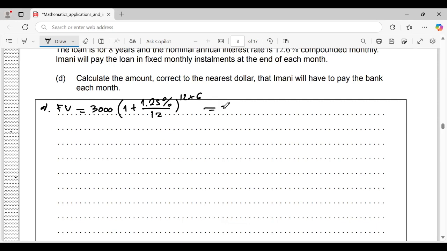So it's going to be 3,000 times 1 plus 1.25 over 1,200, because 12 times 100, power 72. And the amount of money in dollars is 3,233.53. That one.